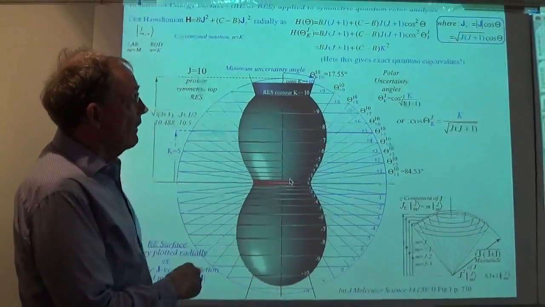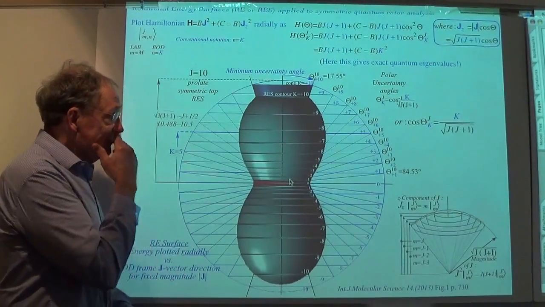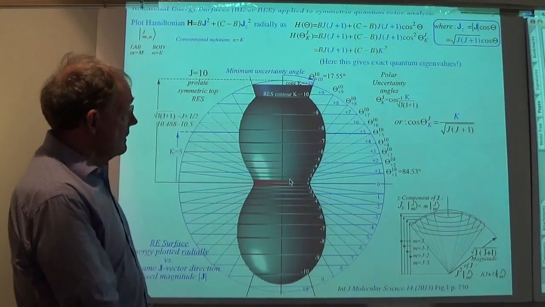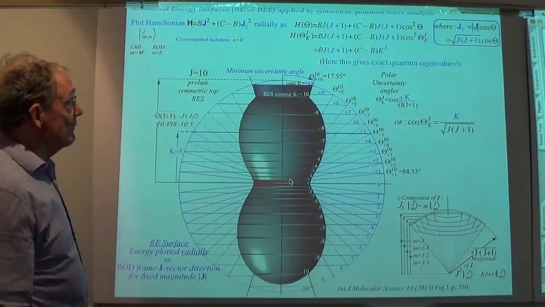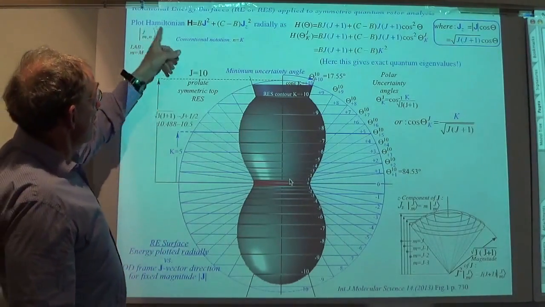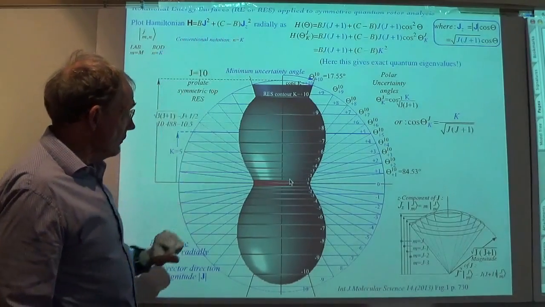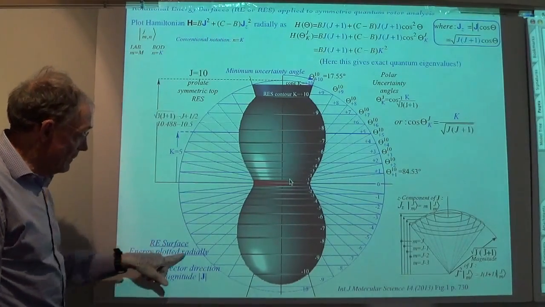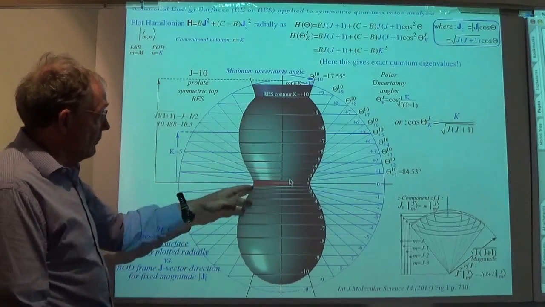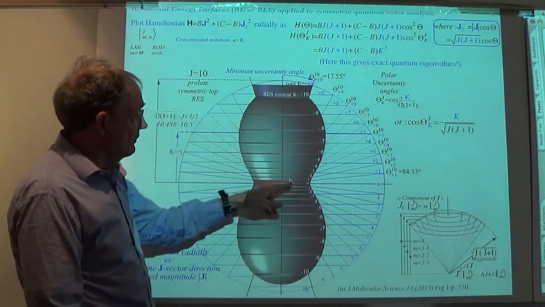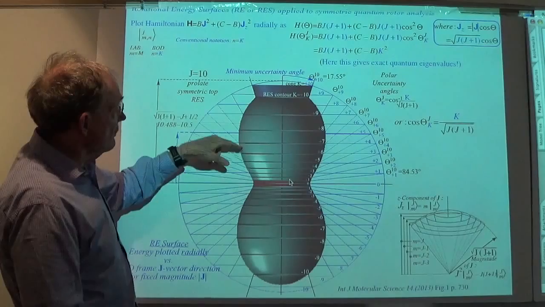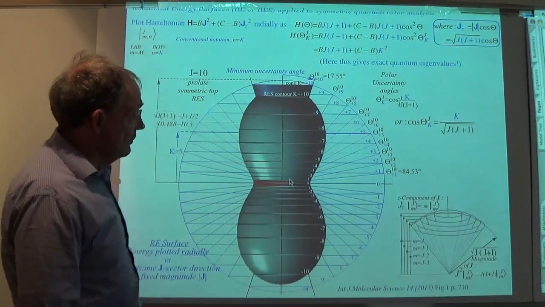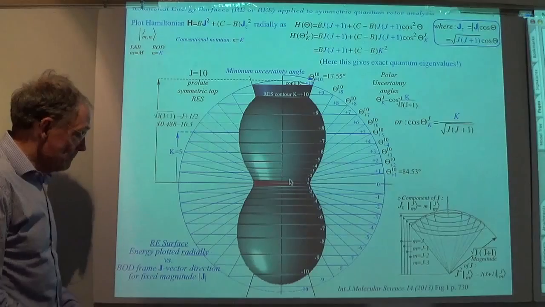As far as it goes, the phase space, the quantum phase space, is really what this is. The basic idea of this plot of the Hamiltonian is to make its energy be plotted radially. So this is the lowest energy region down here, and then as the radius increases, that's the highest energy you can achieve on the surface.